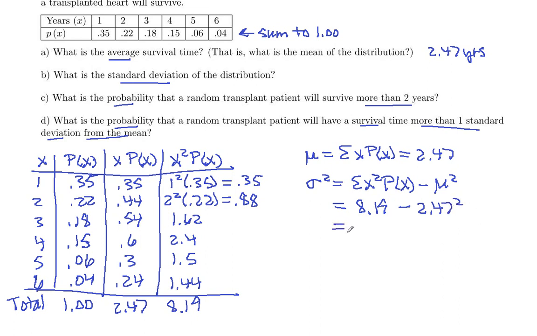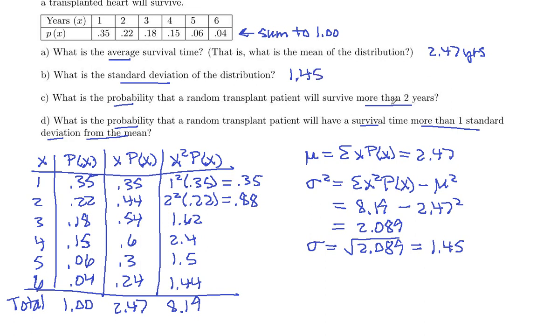And that will give you 2.089. And that's the variance, sigma squared. And then your standard deviation, you do square root 2.089, and that will give you 1.45 to 2 decimal places. So that's standard deviation right there.